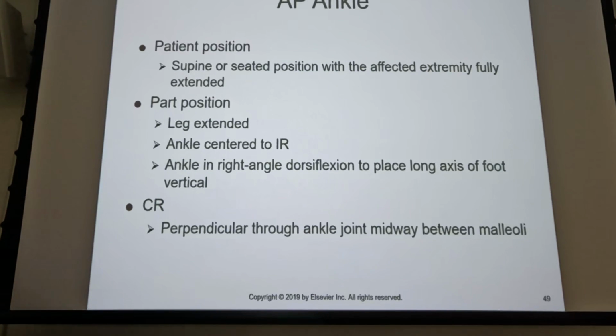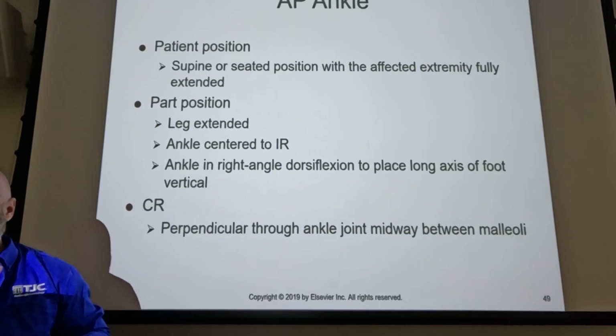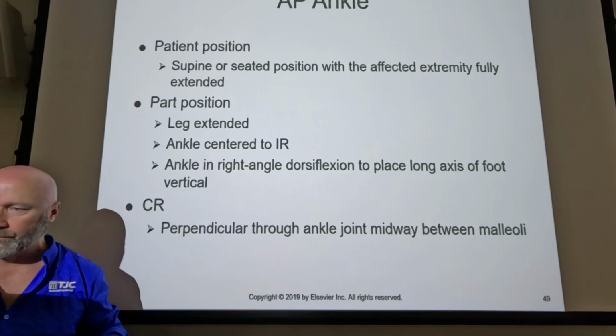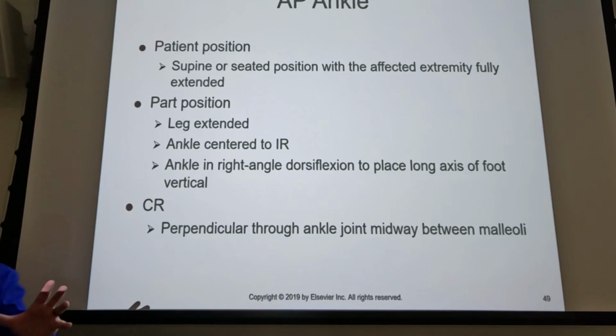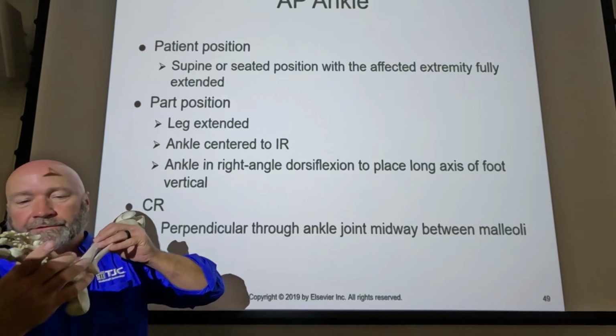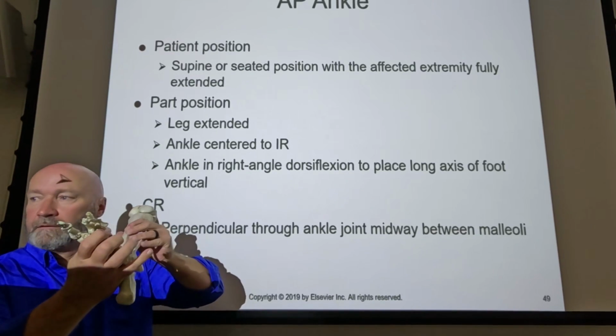It's important that whenever you're talking to the patient and trying to get them to do the rotation, you just put your hand on their knee, maybe right above their knee on their thigh, and tell them, I want you to rotate your toes, and show them. Because in a lot of cases, you tell the patient, I want you to rotate your toes, and they're going to go, eh, like that.